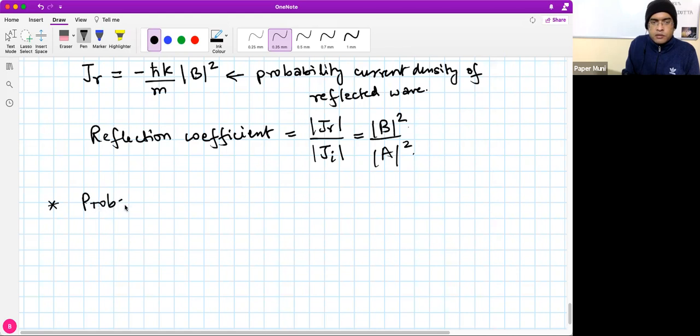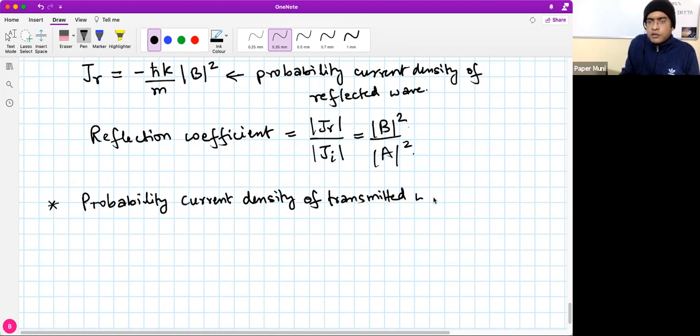Probability current density, current density of transmitted wave, transmitted wave.